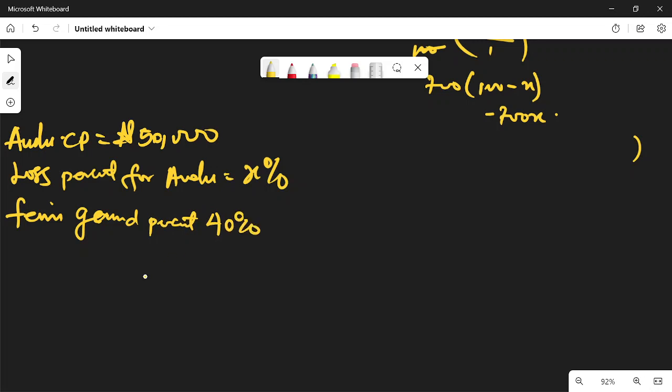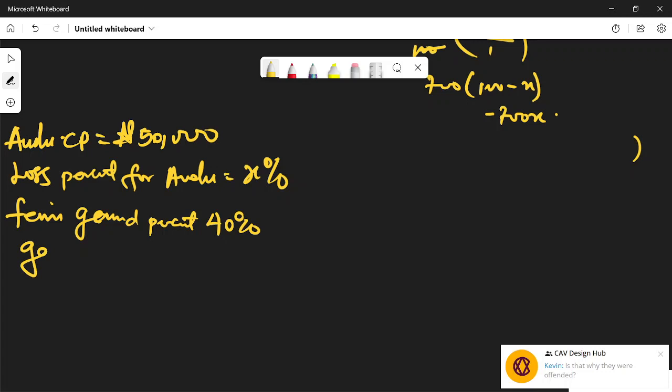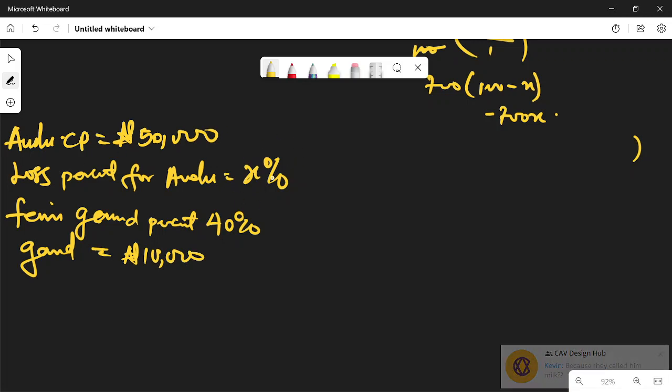If Femi made a profit of 10,000 naira, find the value of X. So if the gain by Femi is 10,000 naira, we have to find the loss percent of Audu.